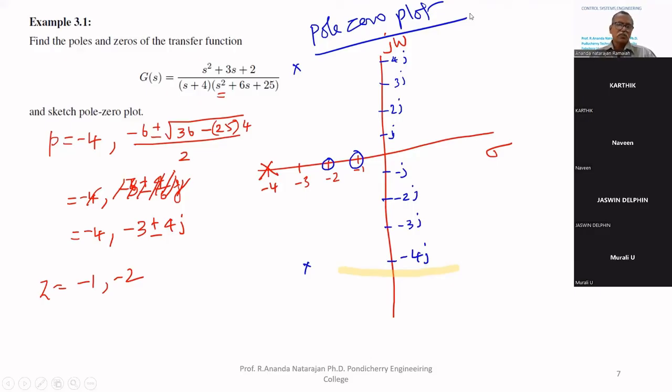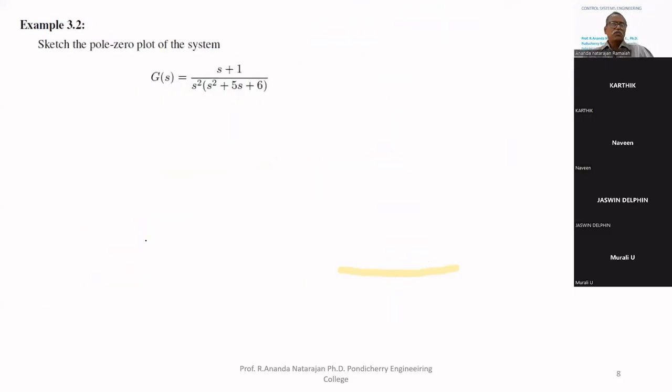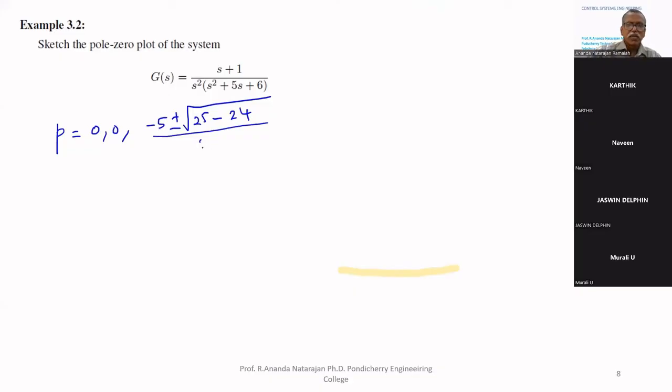Find the poles and zeros of the transformation. Sketch the pole zero plot of the system. Another system. Here, the poles are 0, 0, and minus b plus or minus square root of b square minus 4ac, divided by 2a.